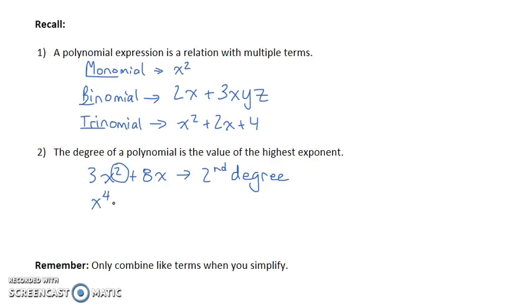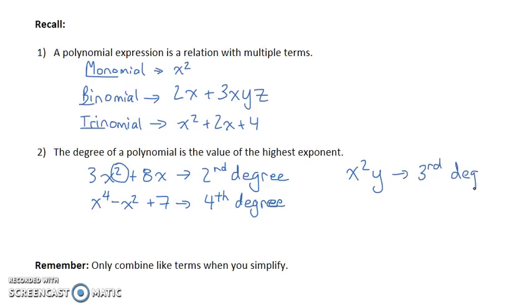If I have something like x to the power of 4 minus x squared plus 7, that's actually going to be a fourth degree polynomial. Now what we're going to specifically be concerned about here is dealing with only one variable, like x or just y. There is a case where we have x squared y, that would be a degree 3 polynomial, but we won't usually see that.